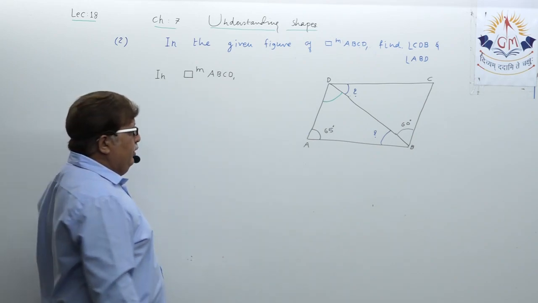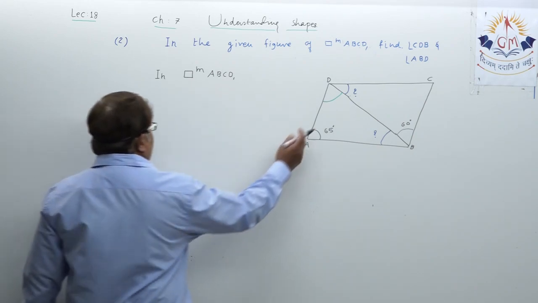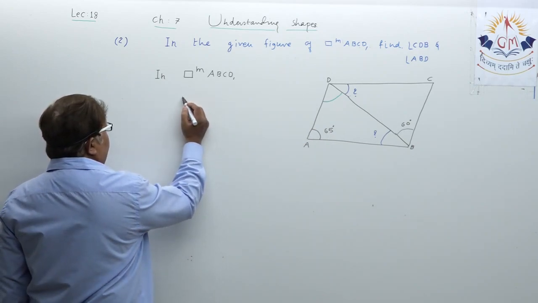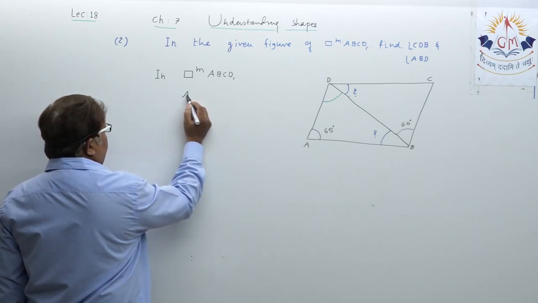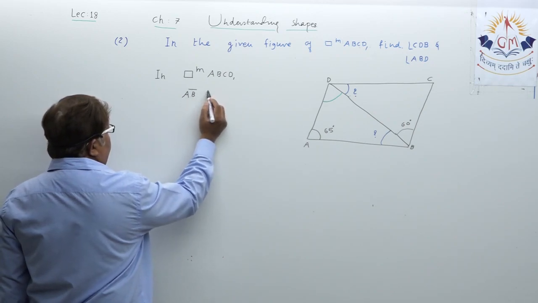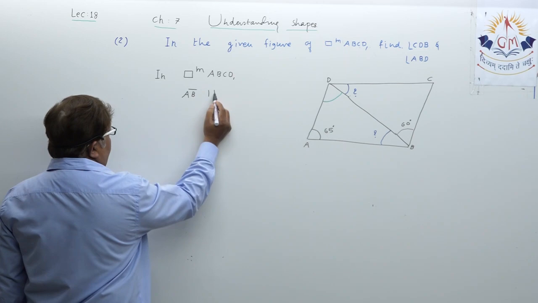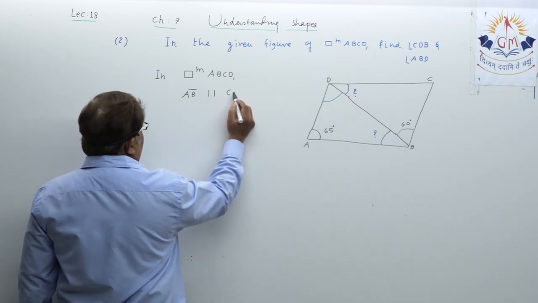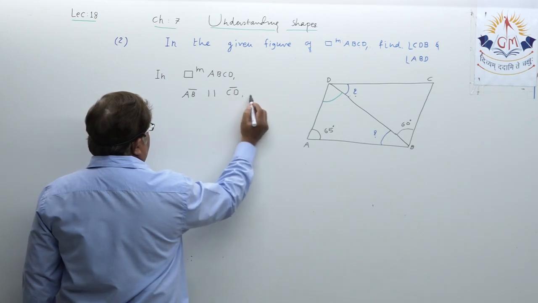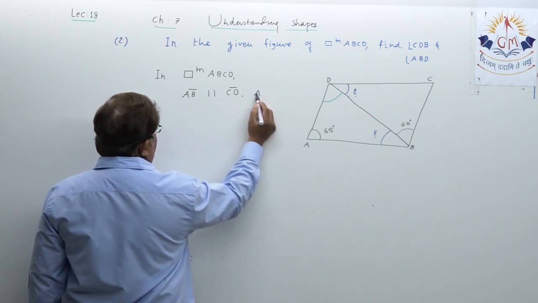In parallelogram ABCD, though we are going to utilize one pair, I am writing both the pairs of opposite sides which are parallel. AB parallel to CD at the same time.